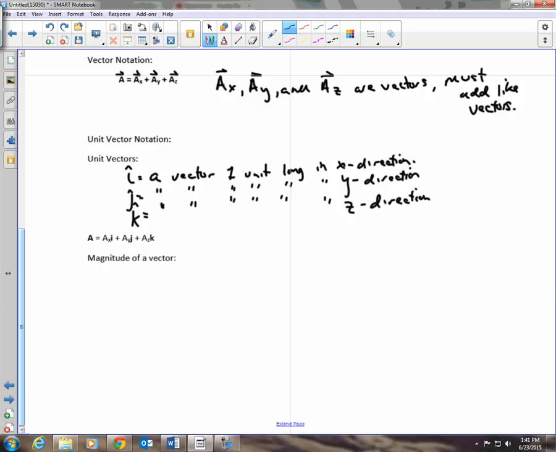To find the magnitude of a vector, we can say the magnitude of A is going to be the square root of ax squared plus ay squared plus az squared. It's just the Pythagorean theorem, but in 3 directions. And we put an absolute value around it to say that we're just finding the magnitude.